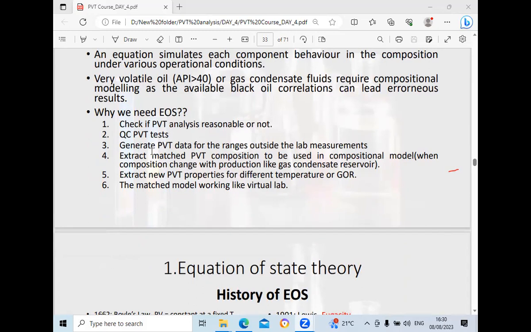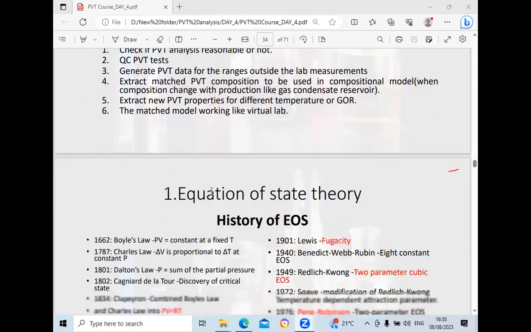We can also generate PVT data for the range outside the laboratory measurement. So you can also use the equation of state to predict PVT data outside the range. Maybe you have worked between 500 to 2000 psi, you can now predict the behavior between 2000 to 5000 psi and all of that.